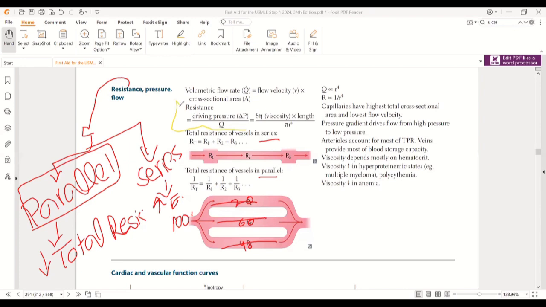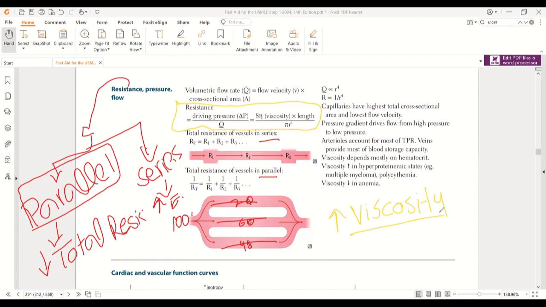The formula of the resistance is the key thing. Resistance is equal to 8 times viscosity times length divided by pi r to the fourth, right? If you increase the viscosity, what happens to the resistance? Resistance will increase, right?